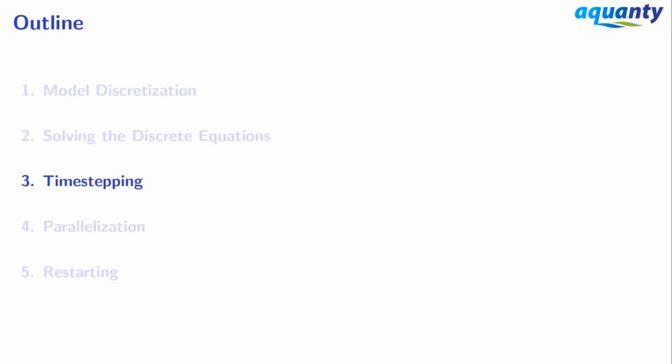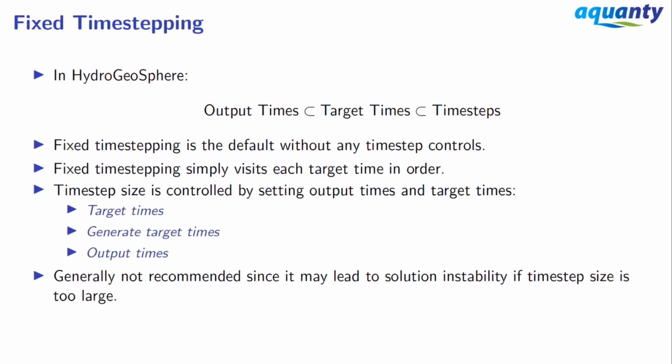Okay, so we've discussed how the discrete equations are solved in HGS, so now we can move on to the time stepping. In HydroGeoSphere, we have a concept of output times, which is a subset of the target times, which is a subset of the time steps that our model goes through.